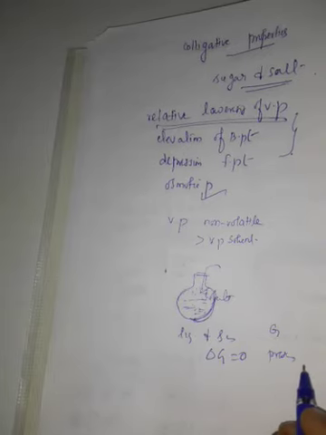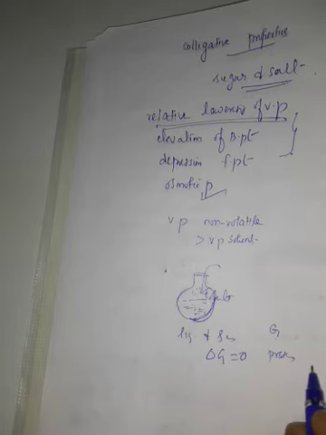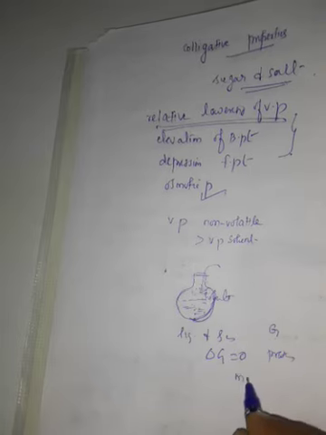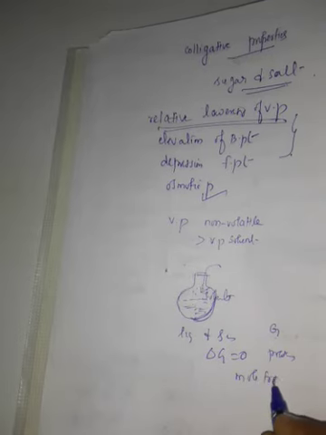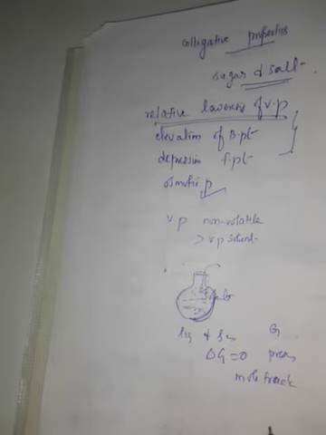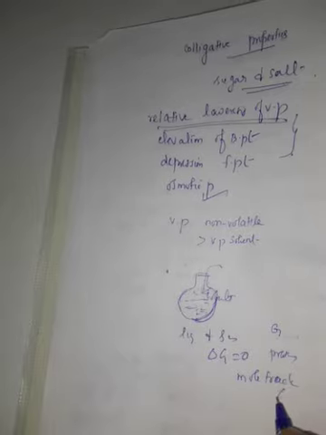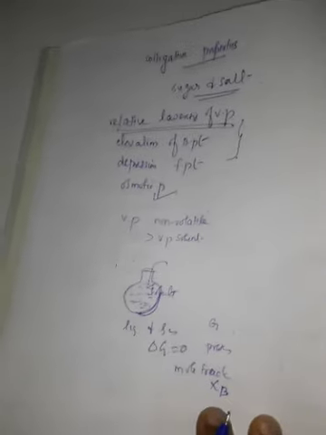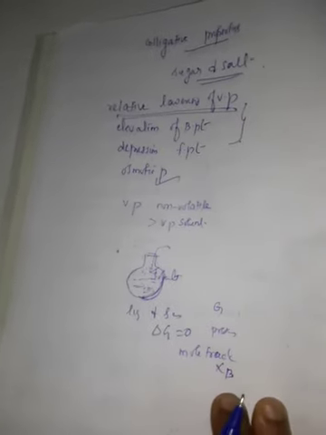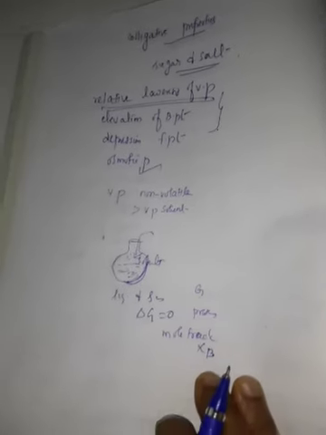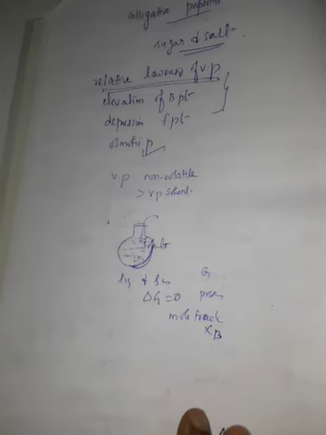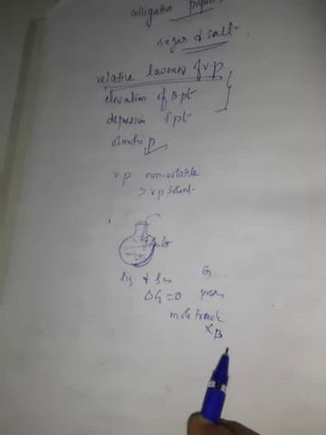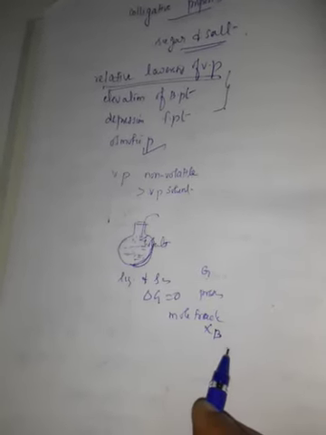From Raoult's law, we know that the relative lowering of vapor pressure is equal to the mole fraction of the solute, XB. Therefore, relative lowering of vapor pressure is a colligative property.